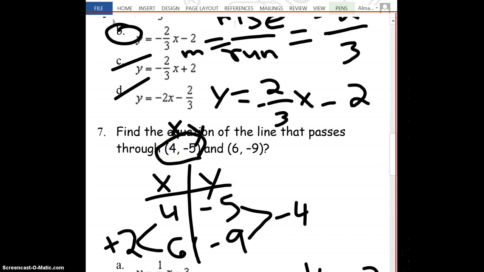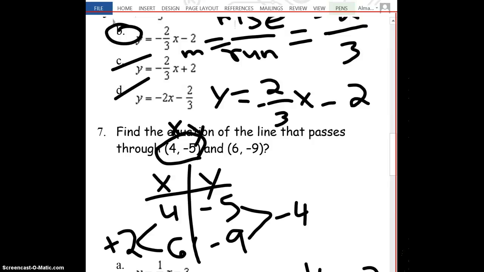I'm going to plug in negative 5 for the y. I'm going to plug in negative 2 for my slope. The slope always goes in front of the x. And the x value I'm going to be working with is 4, based on the point I chose. Plus b. I have negative 5 equals negative 8 plus b.